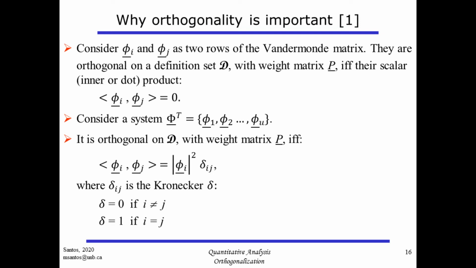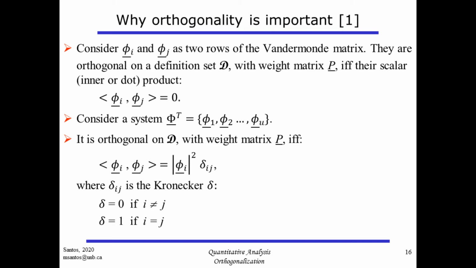We can say that its individual row vectors will be orthogonal on the same definition set D with the weight matrix P if and only if they satisfy the condition that their scalar product equals 0.